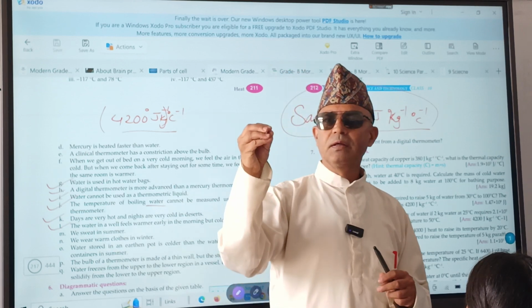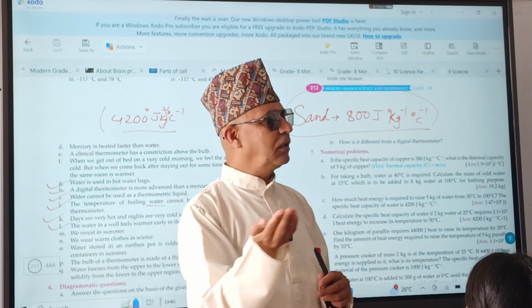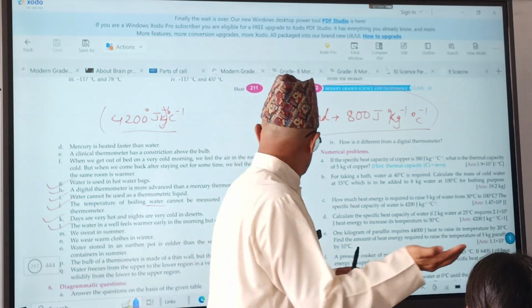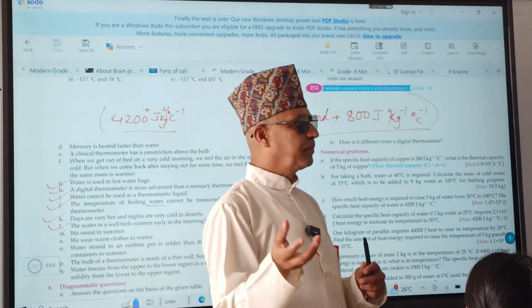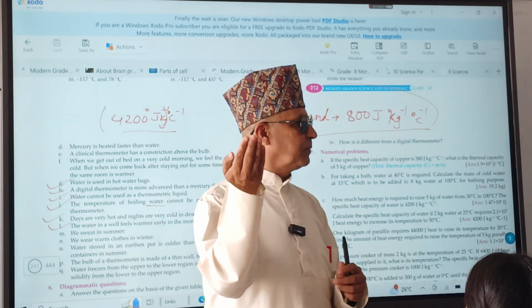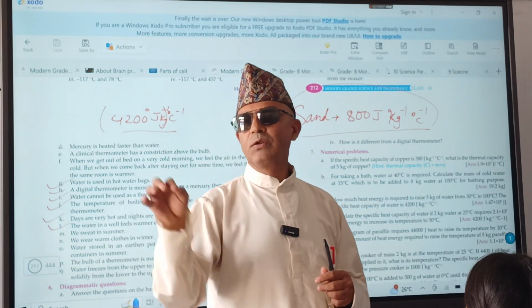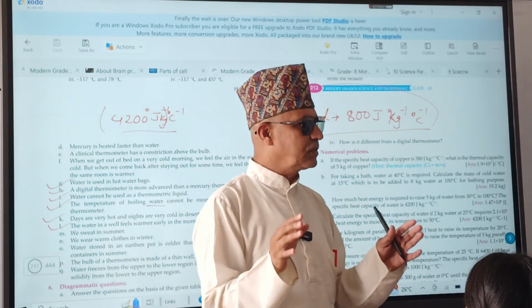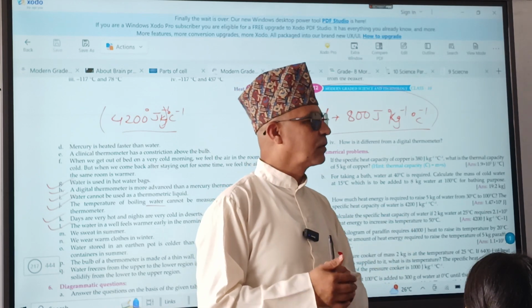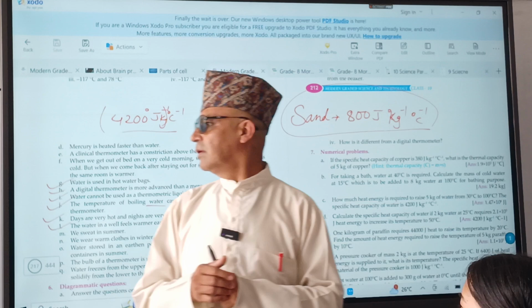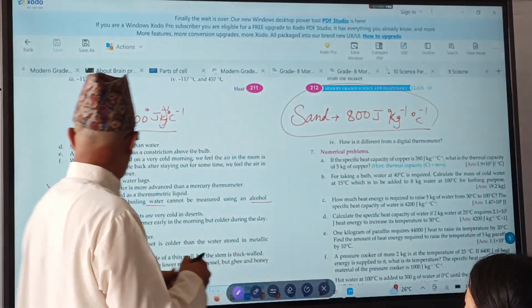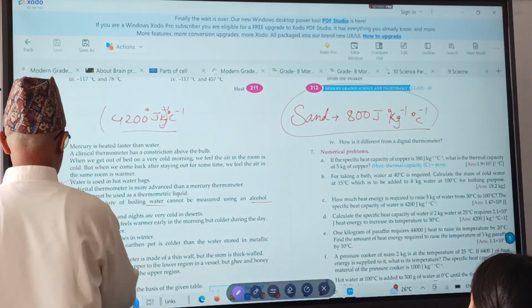That's why the water feels warmer. Yes or no? Yes. But in daytime, the land gets heated faster, and land is hotter and water does not get heated faster. Water is colder. This happens because of specific heat capacity.